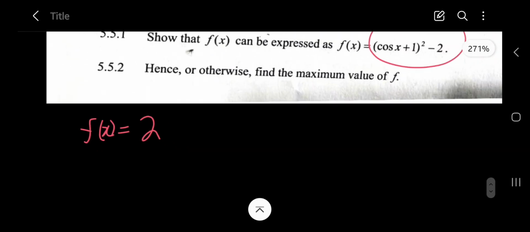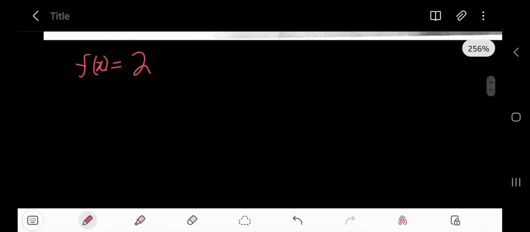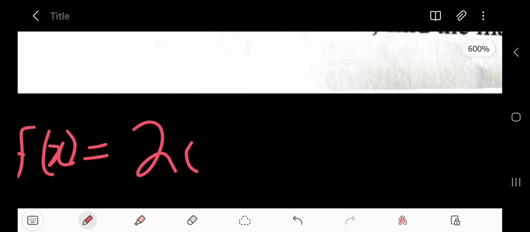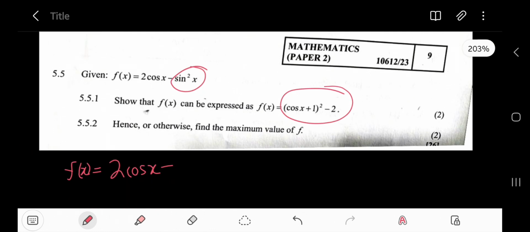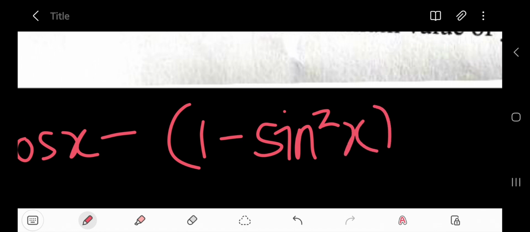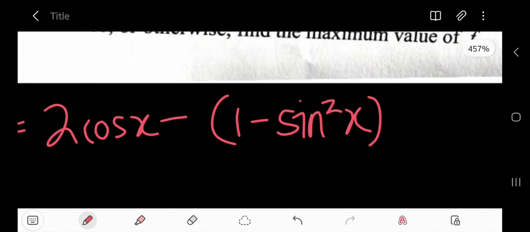So f of x is equal to 2 cos x minus, 1 minus sine squared x, right? So that's what we have there.